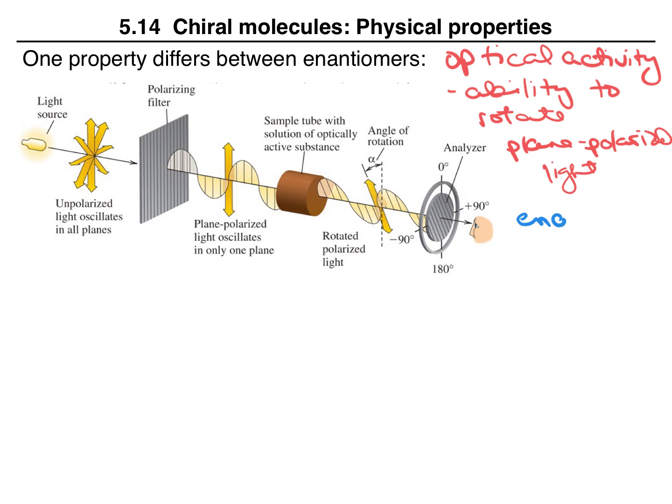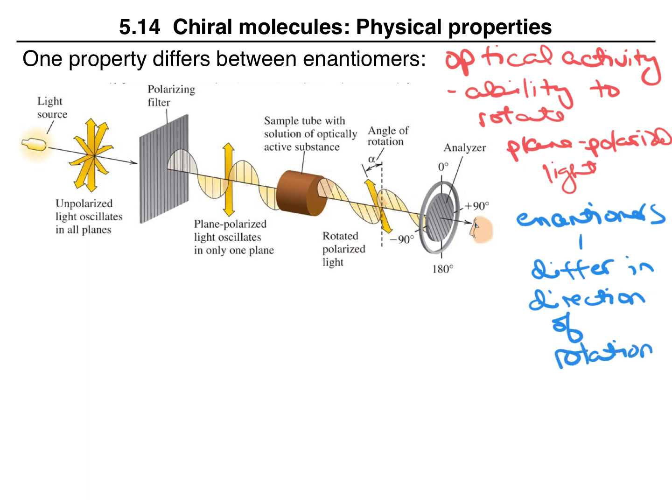Enantiomers will differ in the direction of rotation. So all physical and spectroscopic properties of enantiomers are the same except for optical activity. Enantiomers will rotate plane polarized light in opposite directions.